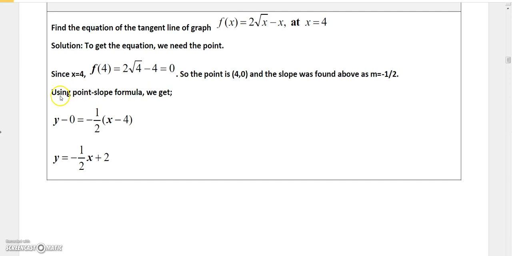And then we use the formula y minus y1 equals the slope times x minus x1, and since the y value is 0, we get y minus 0. The slope is negative 1/2, so we get negative 1/2 times x minus the x value, which is x minus 4. And then if you distribute the negative 1/2, you get negative 1/2 x plus 2, because there's no number to move across the equal sign here, so we just get y equals negative 1/2 x plus 2.